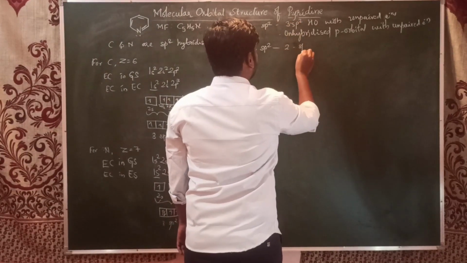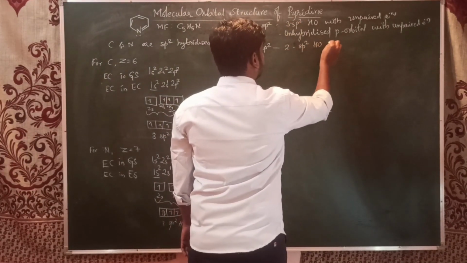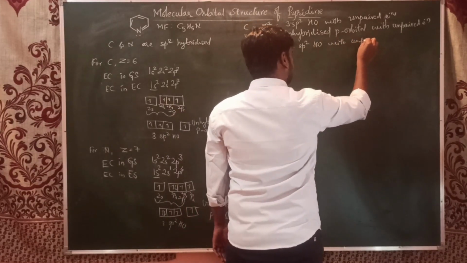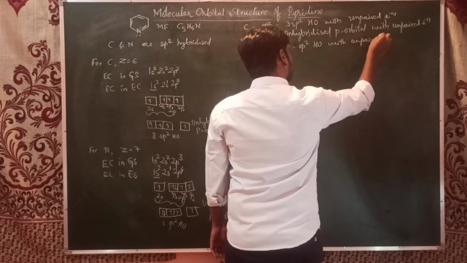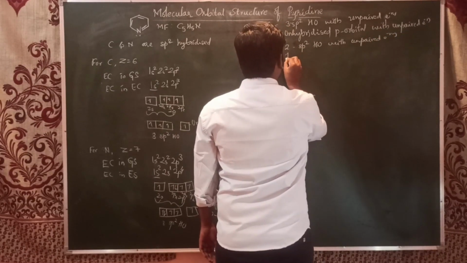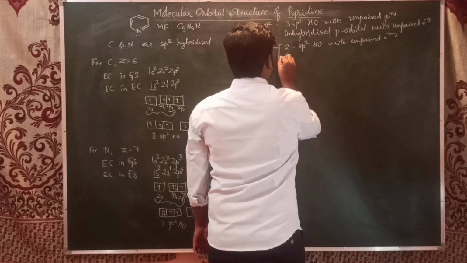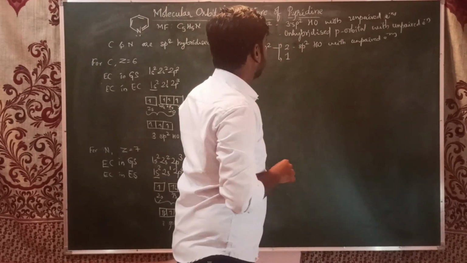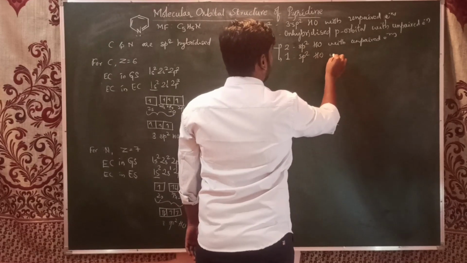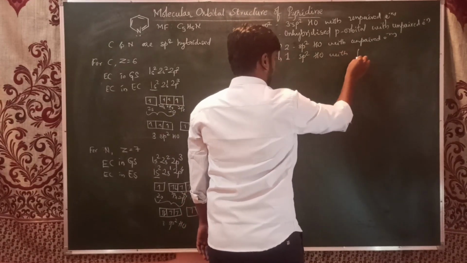Two sp2 hybrid orbitals have unpaired electrons, and one sp2 hybrid orbital has a pair of electrons.